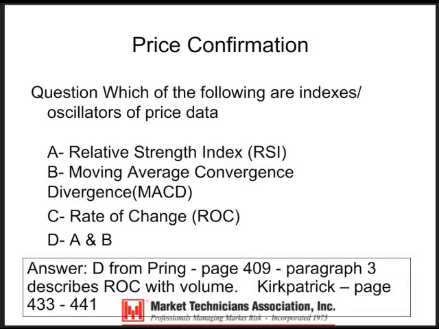Which of the following are index oscillators of price data? That answer is D, meaning A and B, RSI and MACD. Rate of change is something people look at, but it's not necessarily an index. It's not bounded by 0 to 100, like RSI.